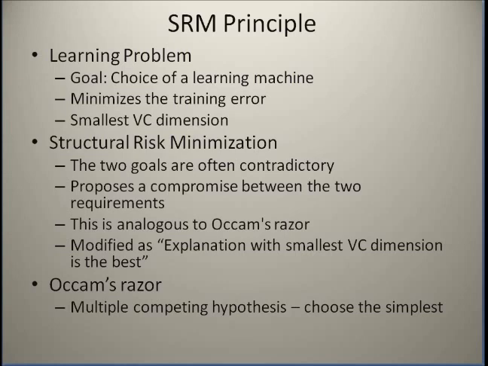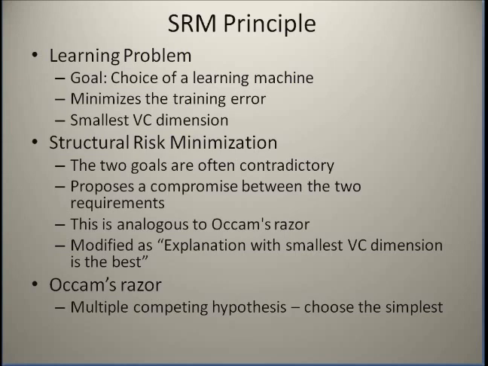So the structural risk minimization principle gives a framework where we can achieve a compromise between these 2 requirements, that is, minimizing the training errors and also choosing the hypothesis that has the smallest VC dimension. So basically the idea is to choose a hypothesis that minimizes the error and also has the smallest VC dimension.